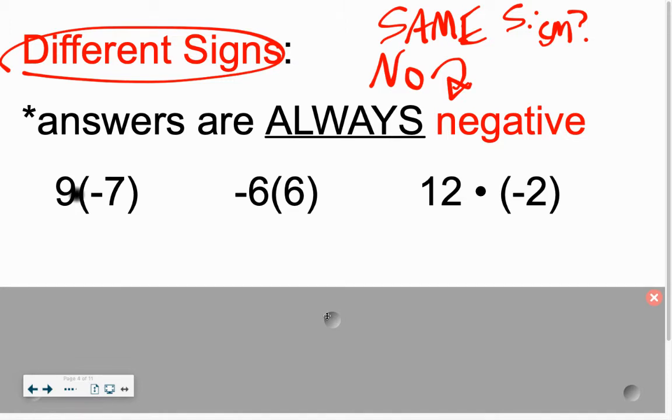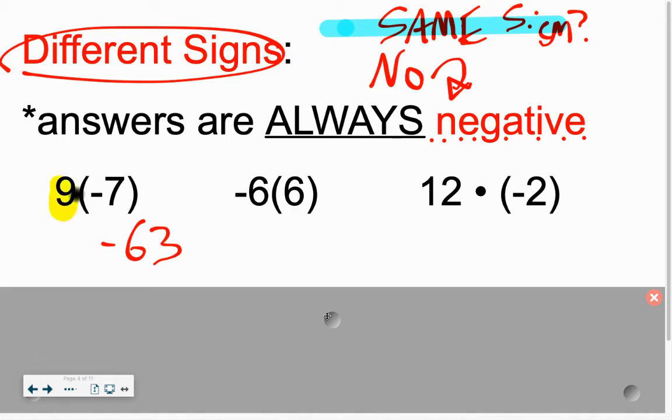I can show that to you in class, but 7 times 9 gives you a 63. And in class, you'd hear me say it this way: do the 9 and the -7 have the same sign? So again, I'm just asking this question up here. Do they have the same sign? No. So since they're not the same sign, what type of number do we need? We need a -63.